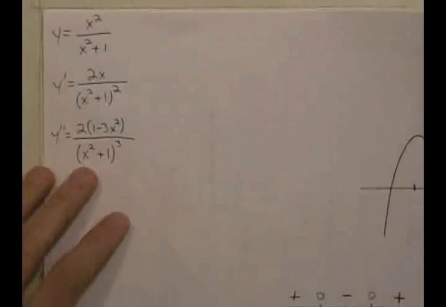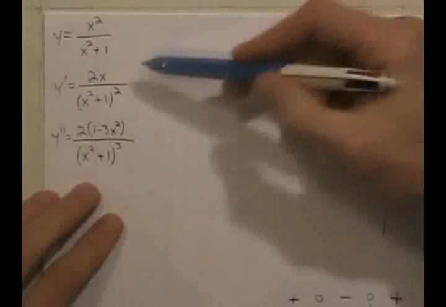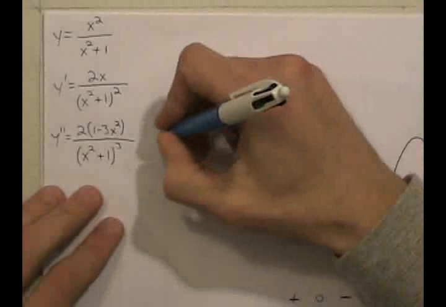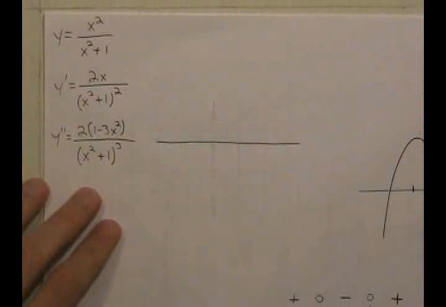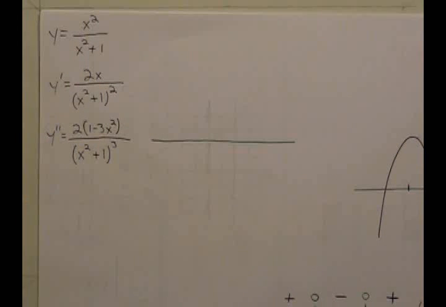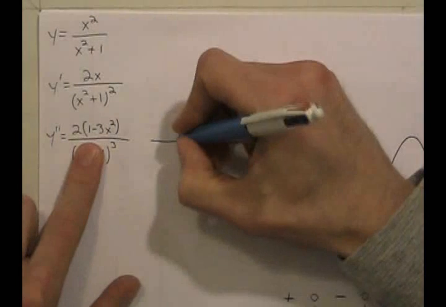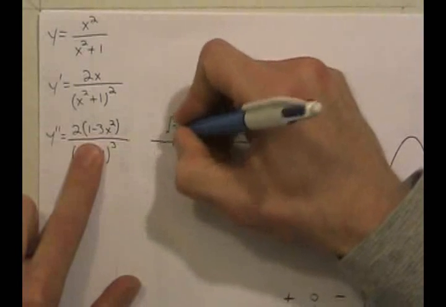So once again, we're going for the concavity, so since we have no way of telling where this is increasing or decreasing as is, we go straight to the second derivative. And you plot the zeros and plot the points that make it undefined. If you set the top equal to 0, you get plus and minus radical 1/3.